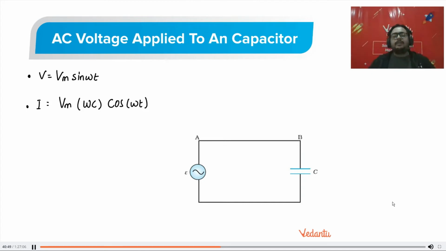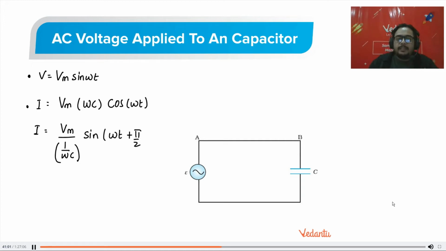So this is what you get as current. Now I write it like Vm upon 1 by omega C into sine omega t plus pi by 2. Can I write it like this? Again, I convert cos into sine. And similar to Ohm's law, current is V by R. Right?